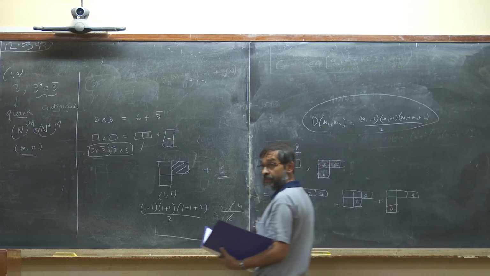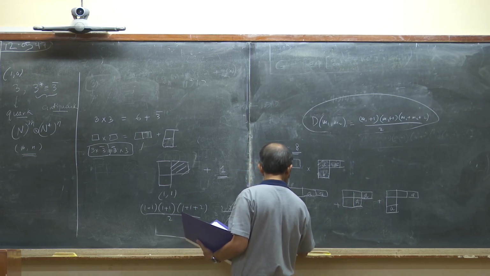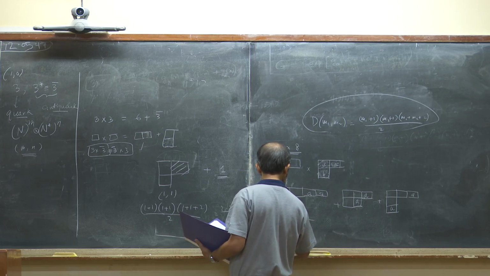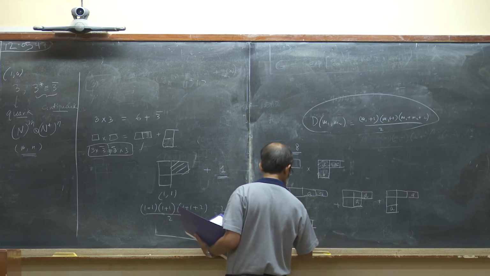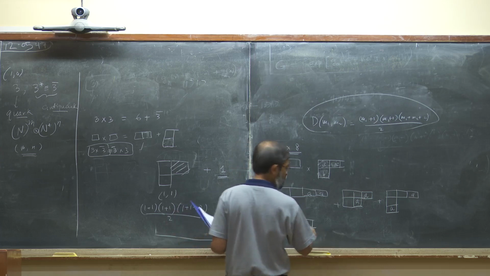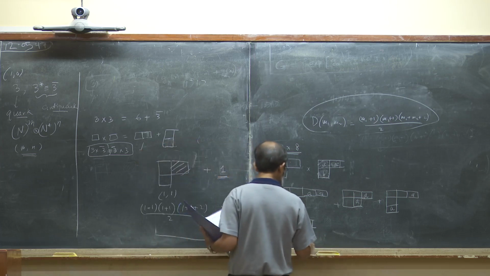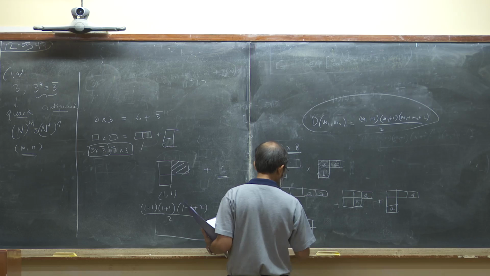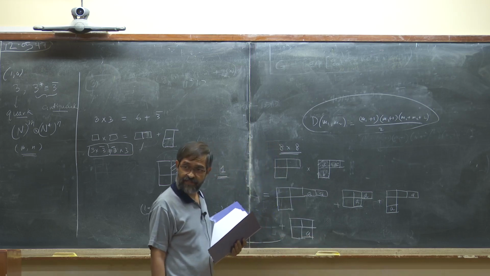Now, we stick into the bottom row, the second row. Okay. So, now I can't put both of them here because that is not a valid Young diagram. So, A is here and I can't put the second A here, that is also not a valid Young diagram.